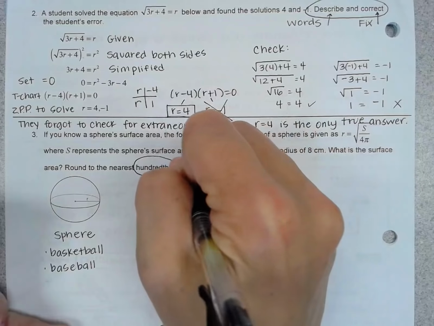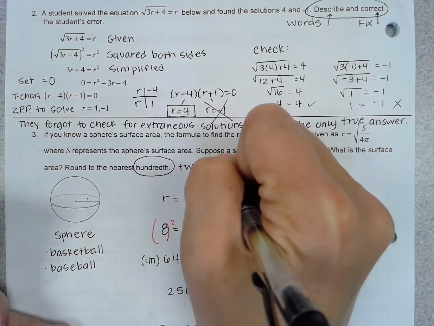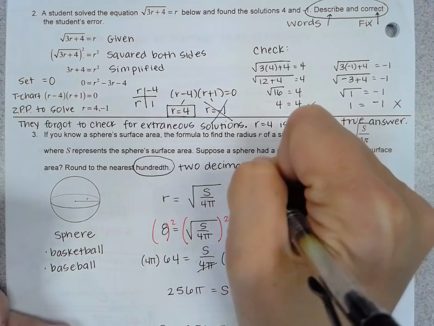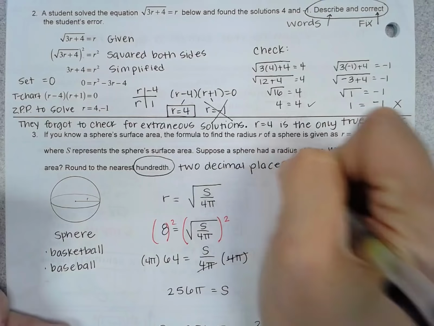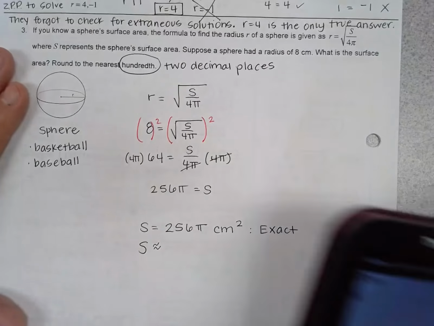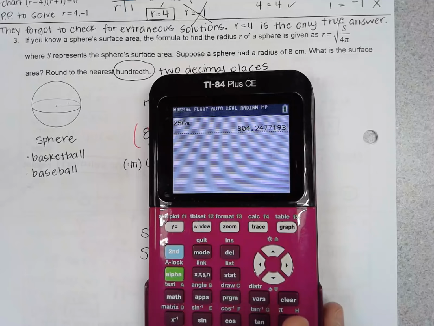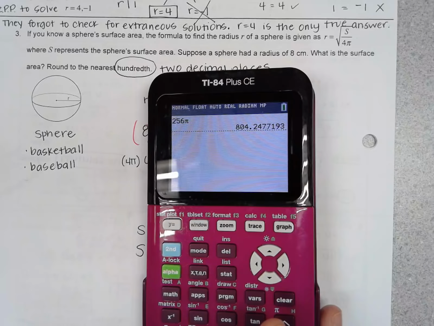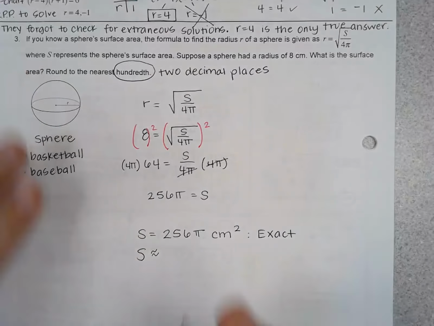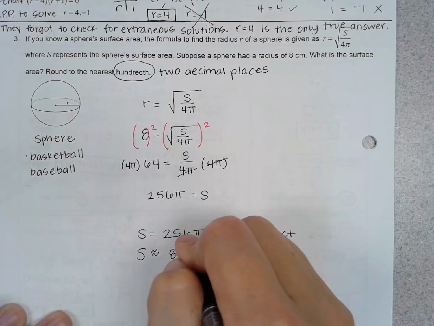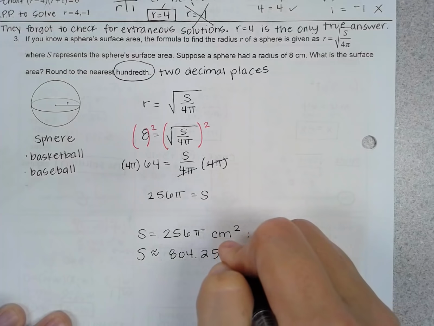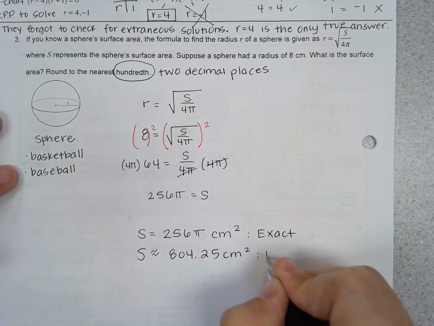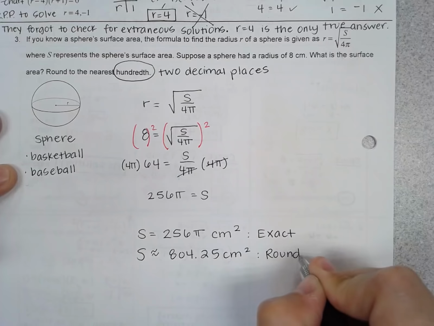Hundredth means 2 decimal places. And so if I round my answer for this one to the nearest hundredth, it's going to be 804.25 because the 7 would make the 4 round up to a 5. So it'll be 804.25 centimeters squared. And so that's my rounded value.